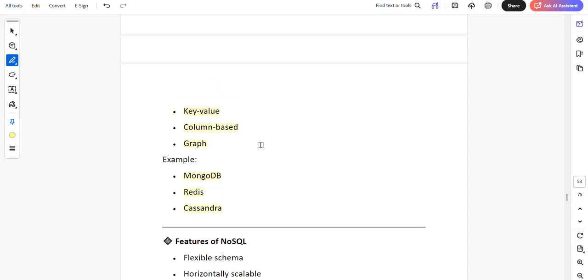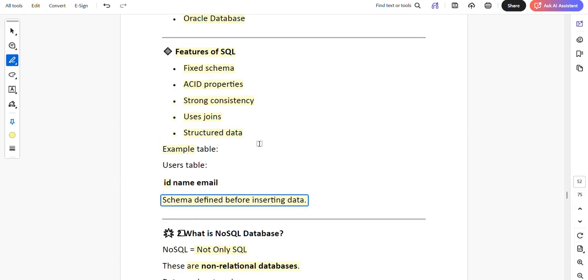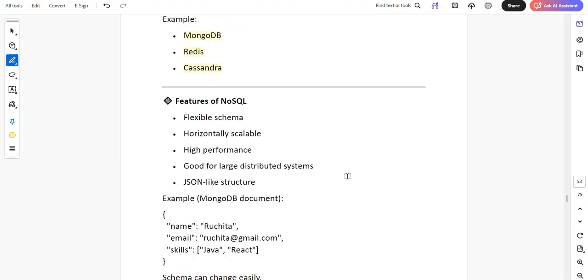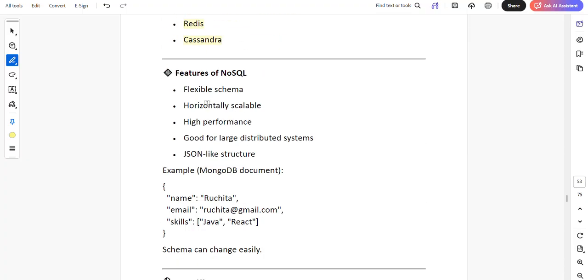As we have seen, the features of SQL are that they have a fixed schema, they follow ACID properties, and they have strong consistency. The features of NoSQL are a flexible schema, and they are horizontally scalable. You can add so much data without disrupting a specific structure of columns.